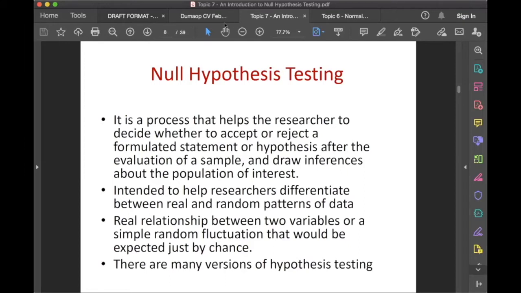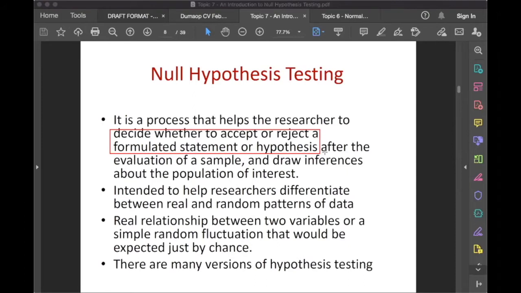Okay, so a number of things here are notable. One, null hypothesis testing is used by researchers to decide whether to accept or reject a particular statement or hypothesis. I guess you're familiar with the term hypothesis. No?